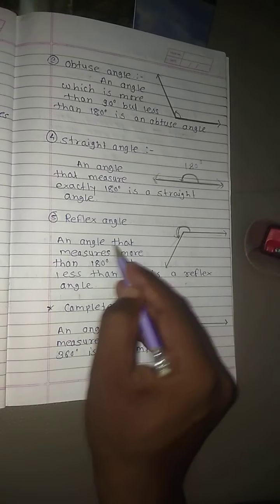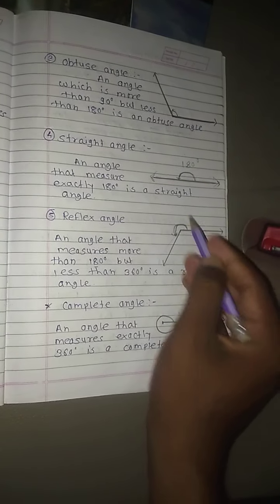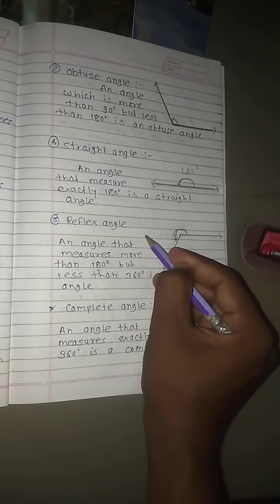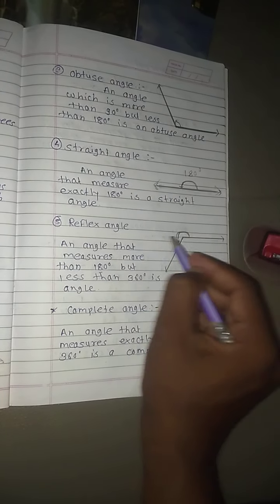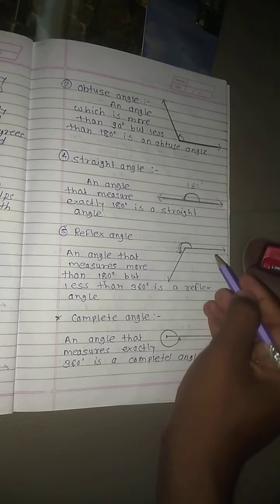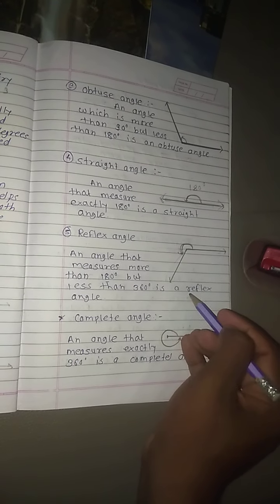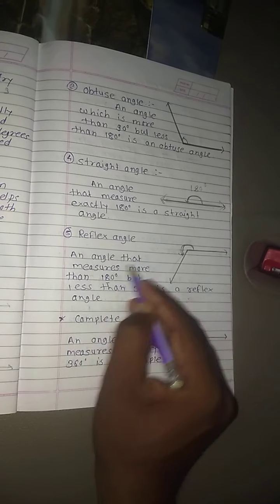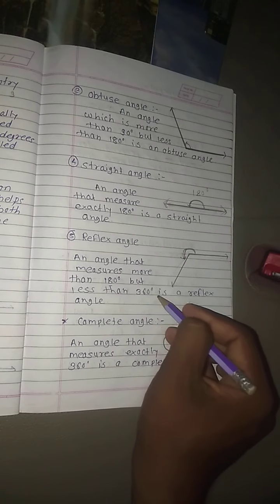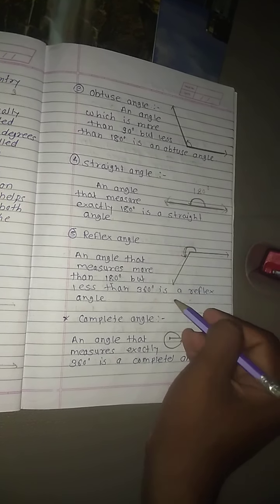An angle whose measure is more than 180 degrees but less than 360, where 360 means the whole part, is called a reflex angle.